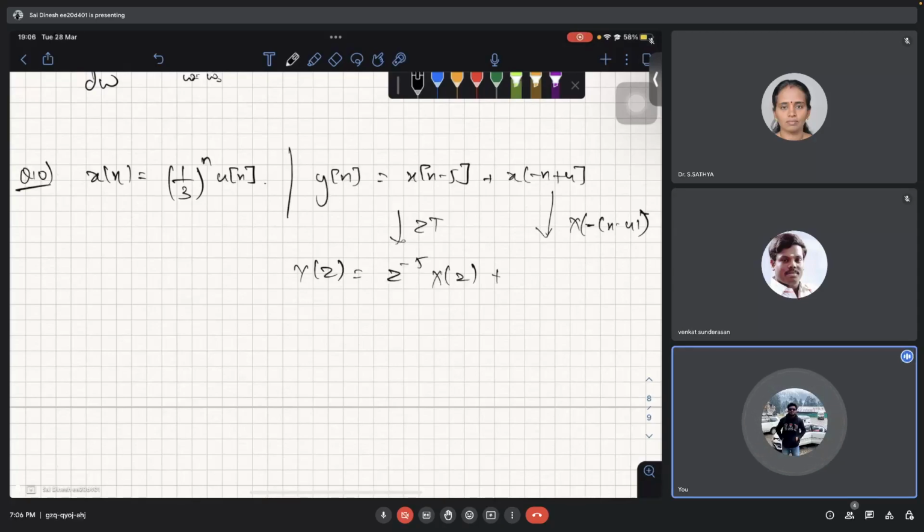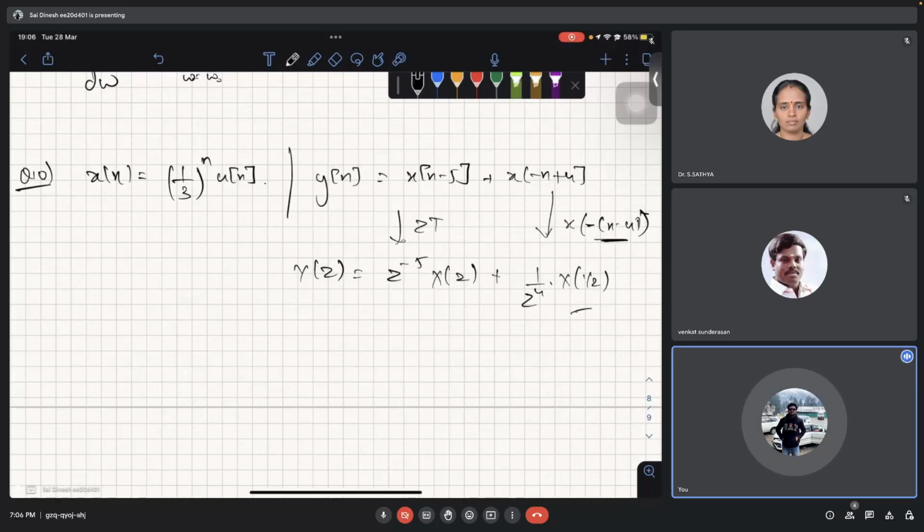And we know the z transform of x of n minus 4 will be like 1 by z power 4 into X of 1 by z, something of that form, not exactly sure.